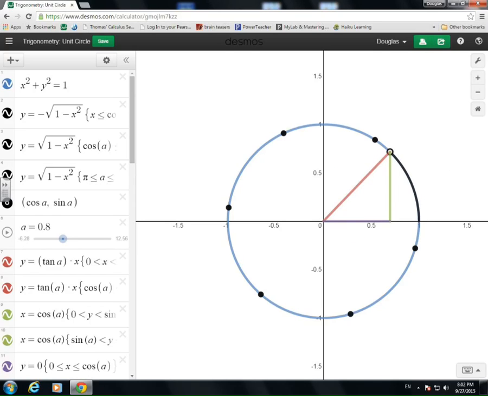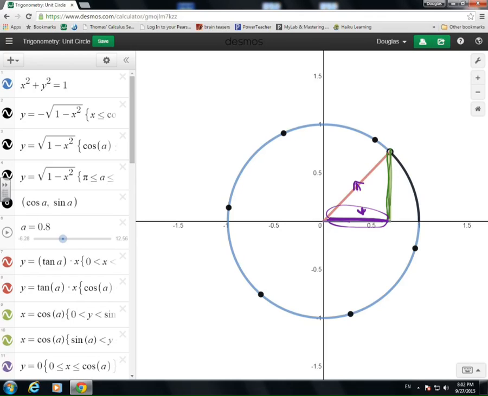So what we have is a complete visualization of the sine of theta. This length right here is the sine of theta. Similarly, the cosine of theta is going to be represented by this length right here. However long that is, that's going to be adjacent over hypotenuse, which we know the hypotenuse is 1. Therefore, the length of the adjacent is the cosine of theta.